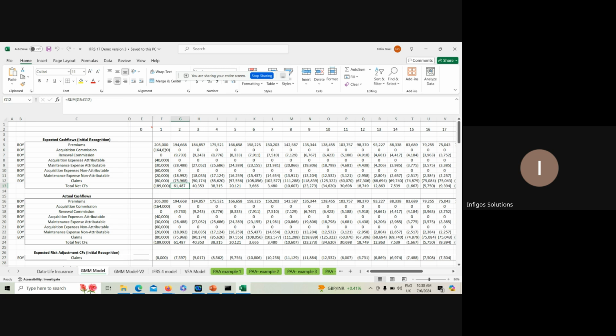The thing is, it's a sum of this up to here. In the first year, it will be negative. Normally, when you take the insurance policy, the agent takes up to 70 to 80% commission. So this is why it's negative. In the second year, it becomes positive.